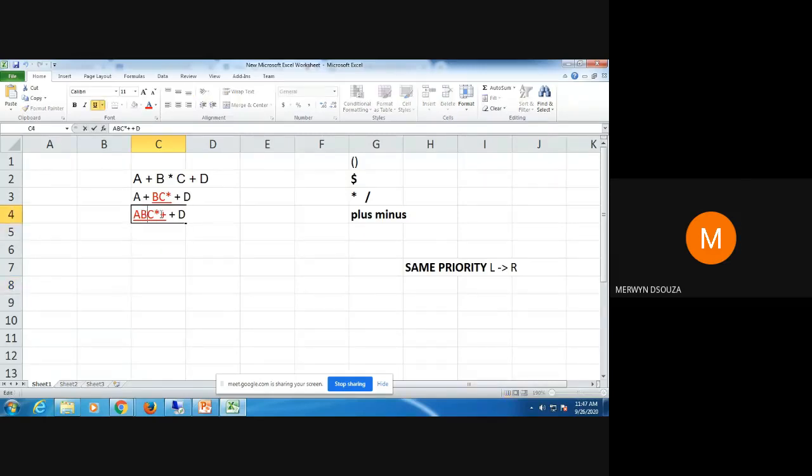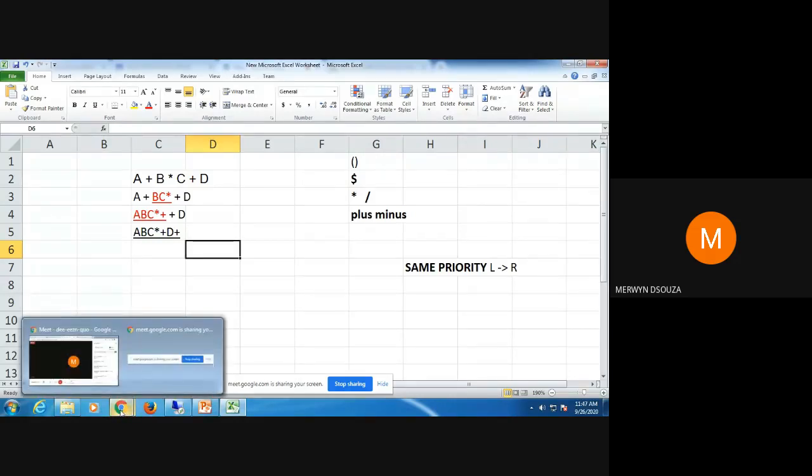So now when you solve, this entire thing will be taken as one variable plus D. So what will be the answer? You will get A B C asterisk plus D plus. That is your final answer.